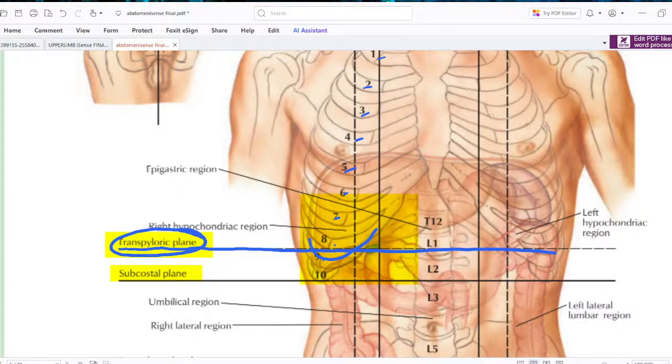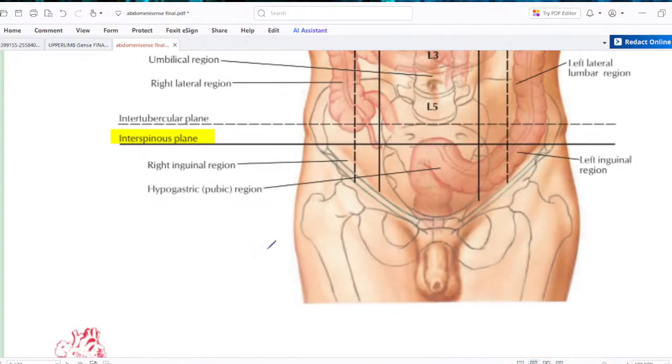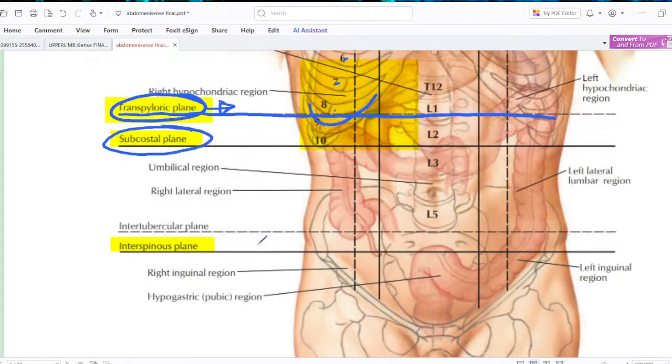Transpyloric plane. Just below the ninth.